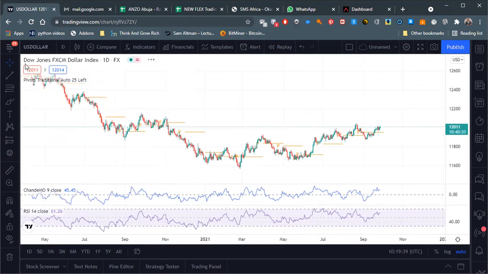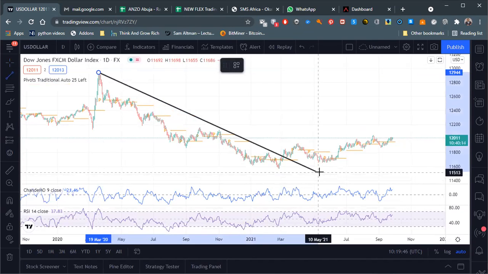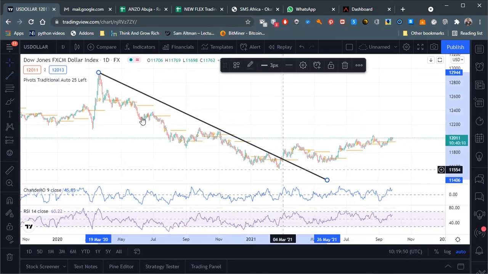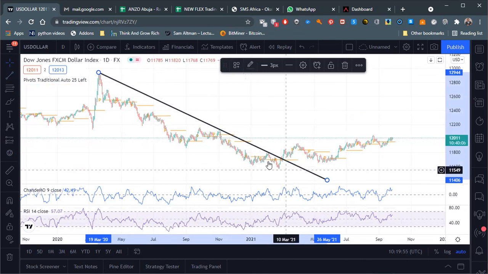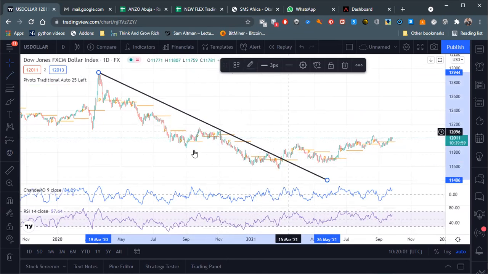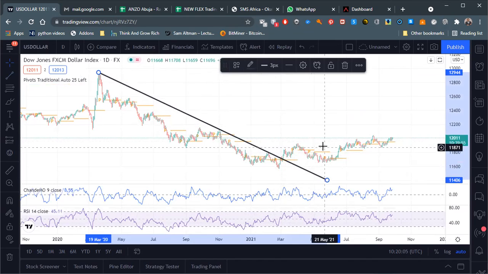If I draw this trend line, which signified the dollar weakness throughout last year and going into this year, you could see how we are beginning to transition into a relatively stronger dollar. Even though it's not moving by a lot, the overall direction of the dollar is quite bullish, right?